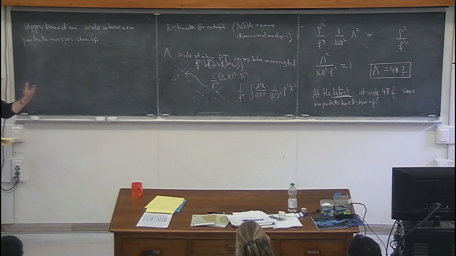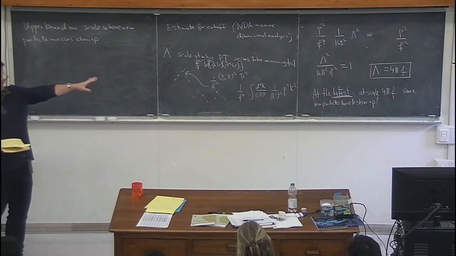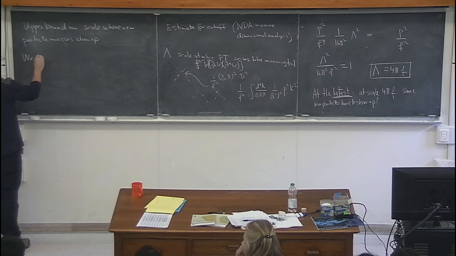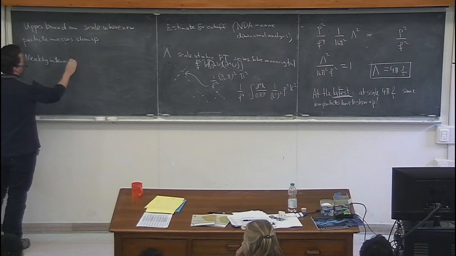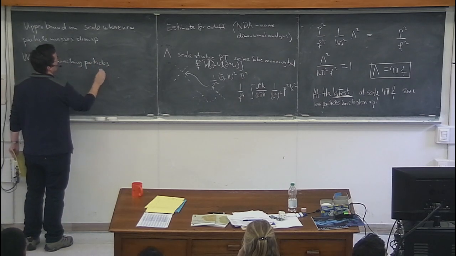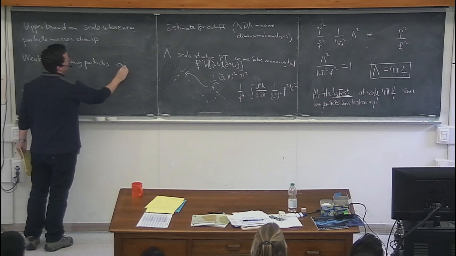If all the particles are strongly interacting among each other, you expect them to roughly show up at that scale lambda. So weakly interacting particles or bound states can show up earlier.